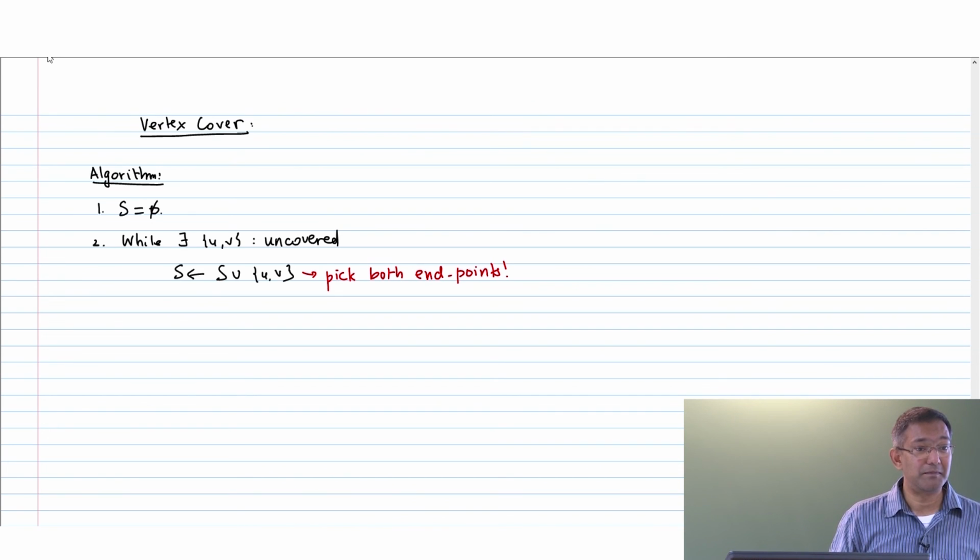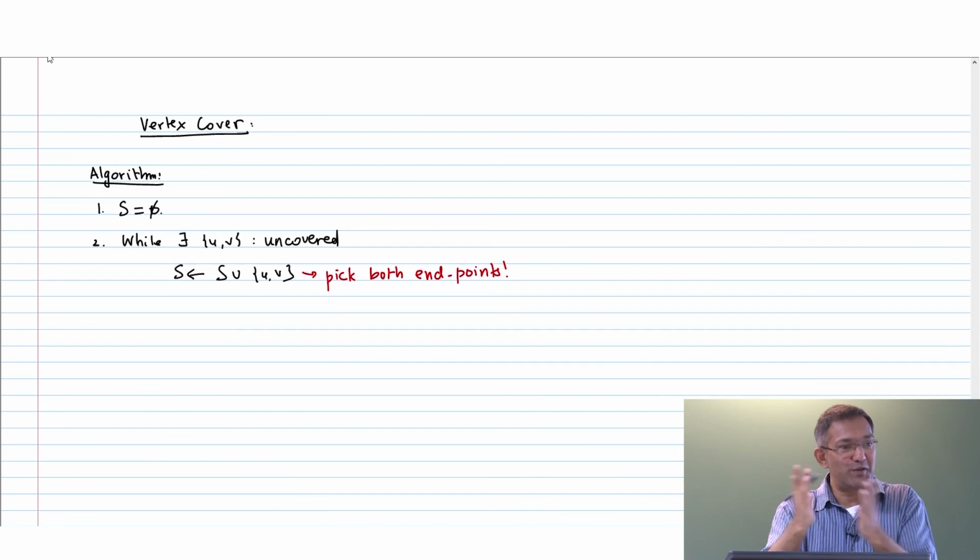It seems strange, right. You just want to pick one of the endpoints to ensure that the edge is covered, but the algorithm is saying look, pick both endpoints.